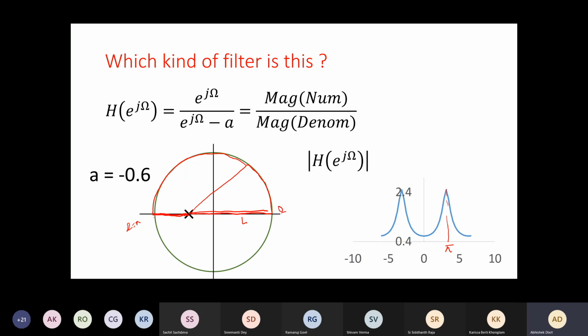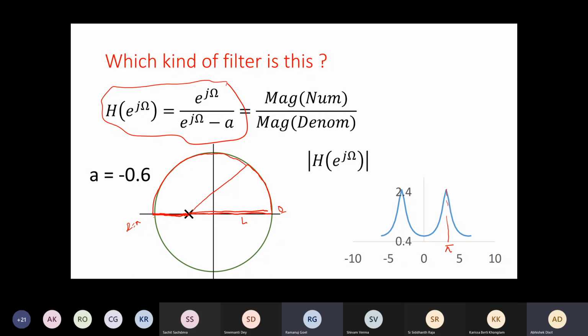Right? So this system can act as a low pass filter, or it can act as a high pass filter, depending upon where you choose your A. So this also gives us some idea of filter design.